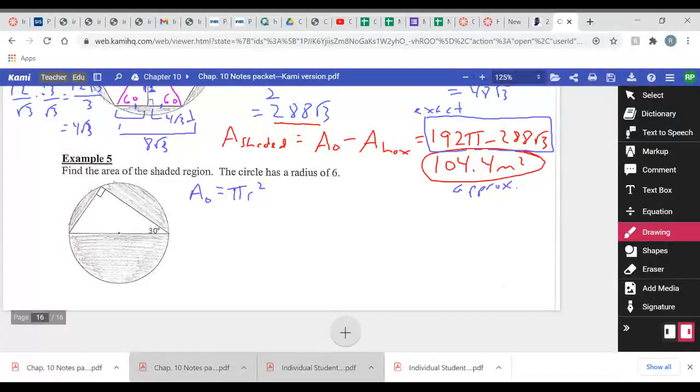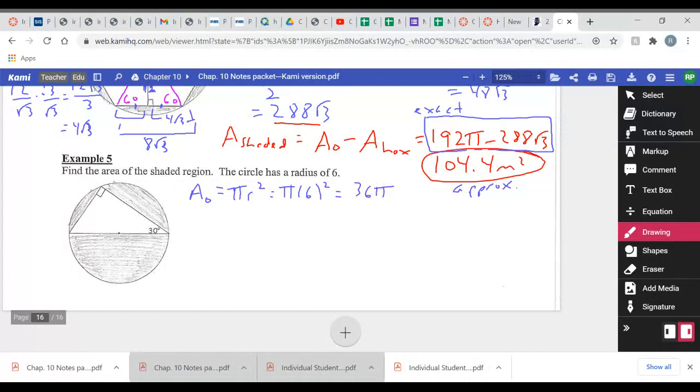But once I write that, I realize I need the radius. Oh, actually I do. I should have read the whole problem. It said the circle has a radius of 6. So I can go ahead and find the area of the circle. I've got pi 6 squared, which is 36 pi.